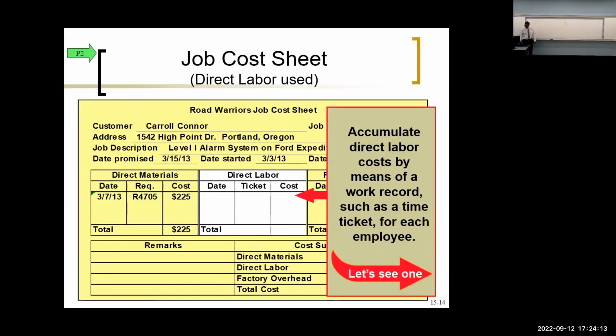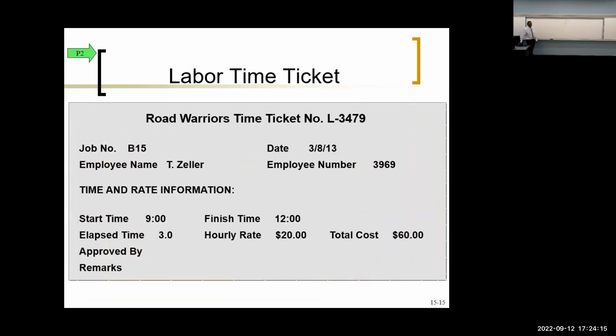Direct labor, if you think direct materials is easy, direct labor is easier. All we do is, individuals swipe in and out. When the individual swipes their badge to clock in, that will be their start time. When they swipe out, that's their finish time.